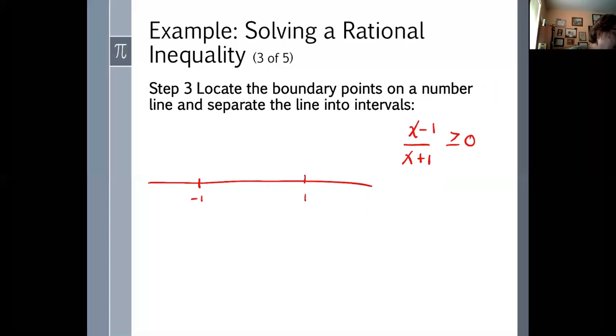All right, so now I have these 3 intervals. I have from negative infinity to negative 1, and you'll notice that I'm not going to put a parenthesis on that negative 1 yet. We're going to talk about that for a second. Then we have from -1 to +1. And we have from 1, oops, didn't want to do that.